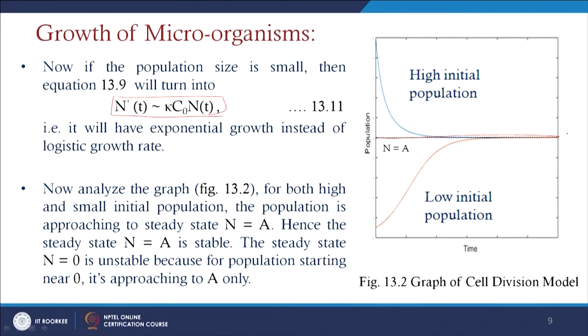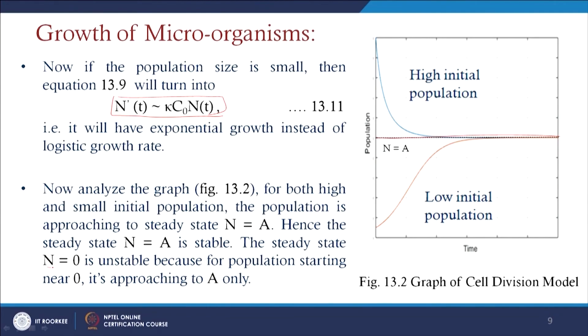And the steady state n equals 0 is unstable, since we start with a certain population, and we cannot expect any population level if we do not have an initial population size.